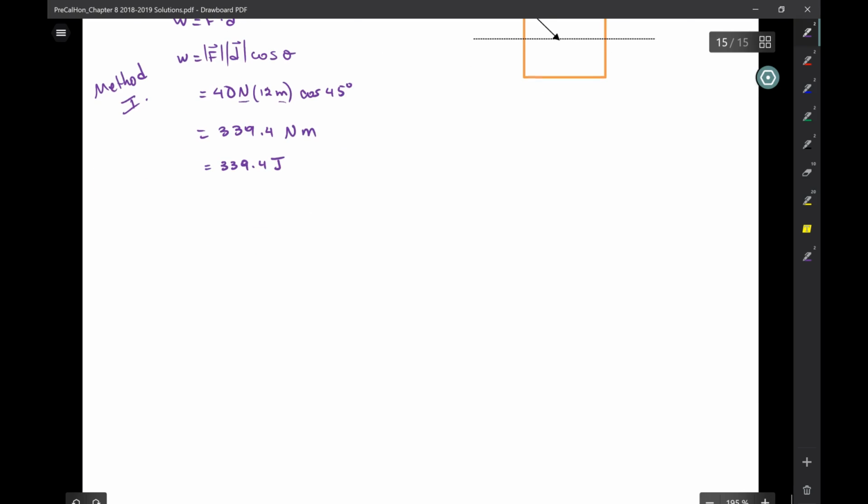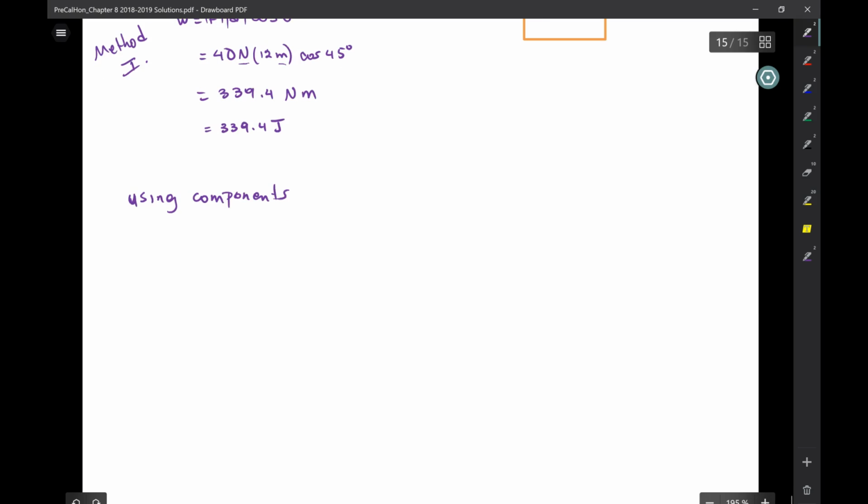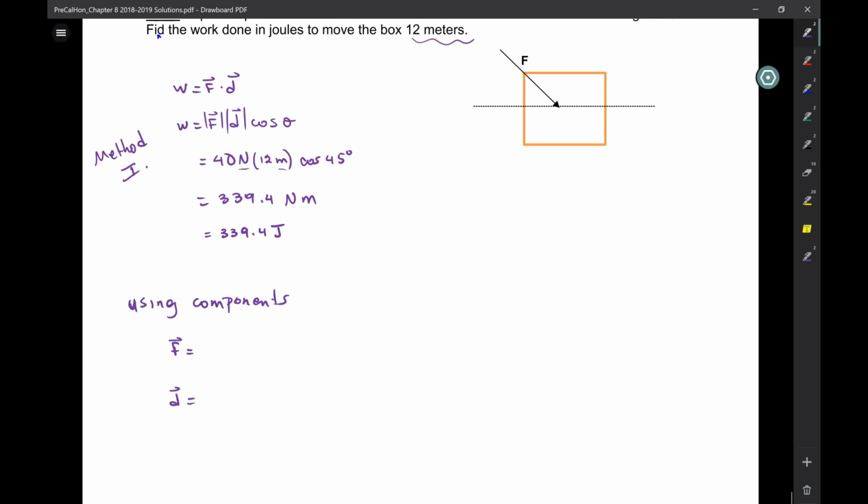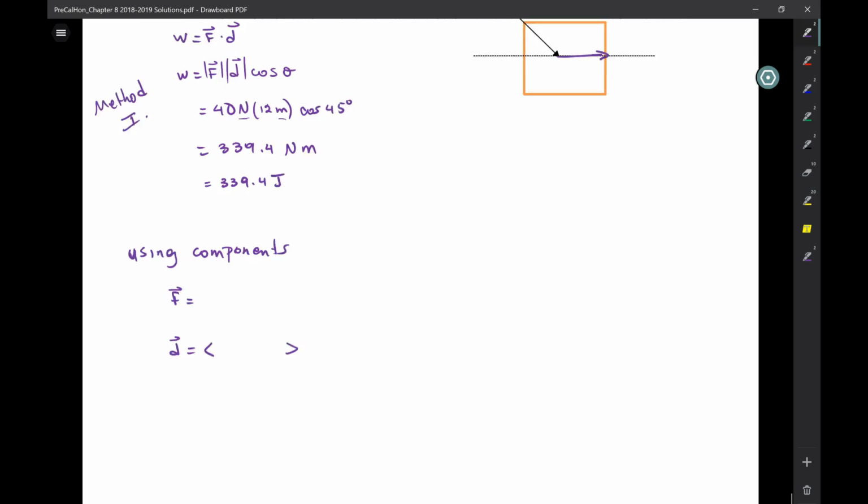Okay, let's do it using vector components. You should know both. So we have a force vector and a displacement vector. If this is moving horizontally, let's do the displacement first. What's the displacement vector if this is just moving that way? 12, comma 0.